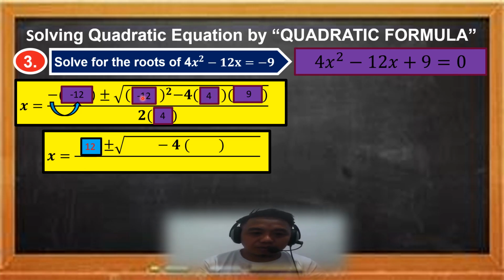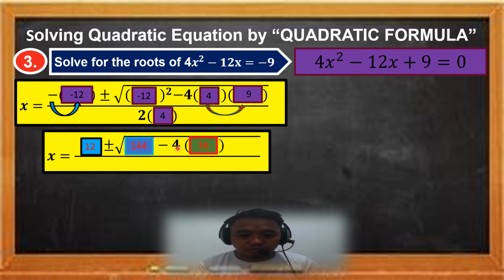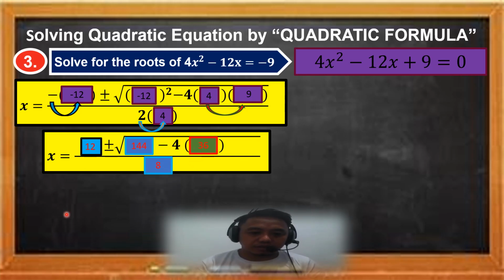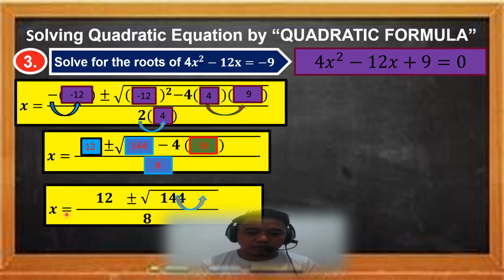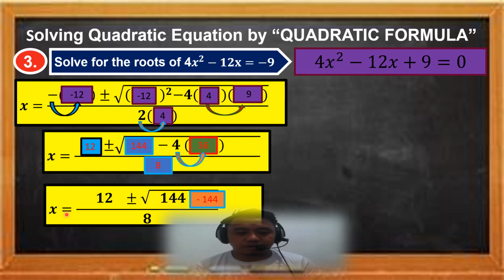So ito, negative 12 times negative 12, that is equal to 144. 12 times 12. And then 4 times 9 is 36. Multiply natin yan. Okay? 2 times 4, 8. Next one is multiply 4 times 36. What is 4 times 36 is 144.